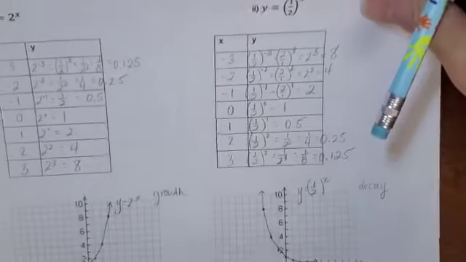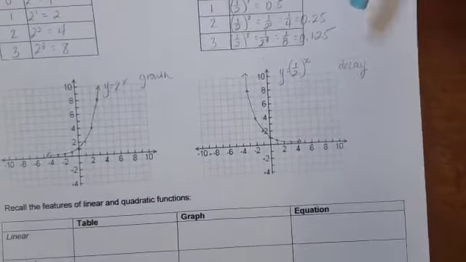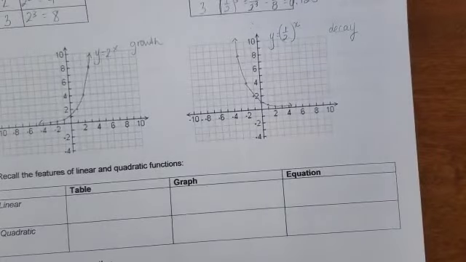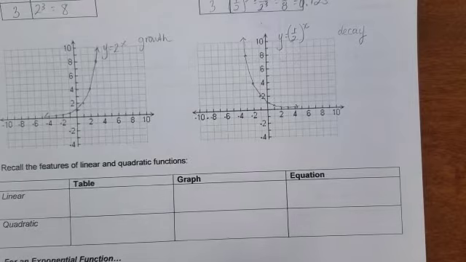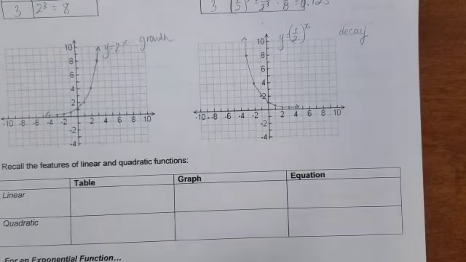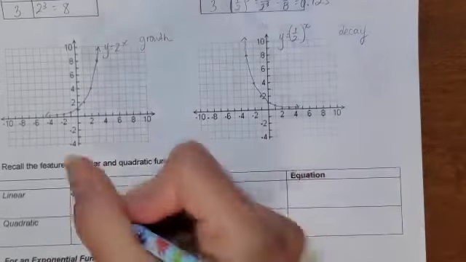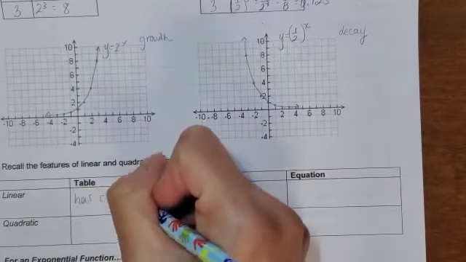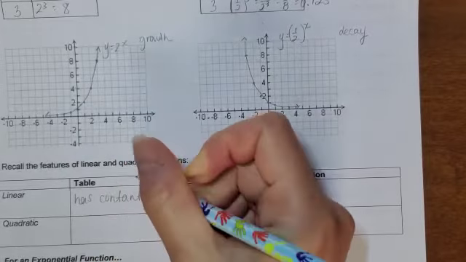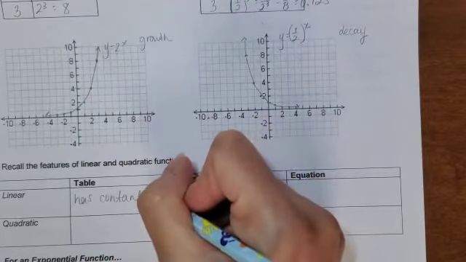But let's recall the features of a linear and quadratic function. A linear table of values has constant first differences.